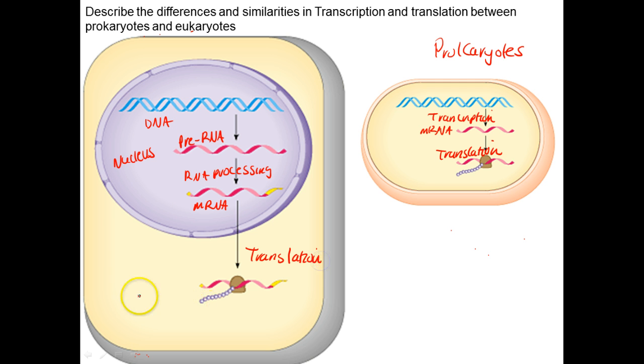So in eukaryotes, transcription and translation are spatially separated. And in prokaryotes, transcription and translation can happen together. As soon as transcription happens, translation begins.